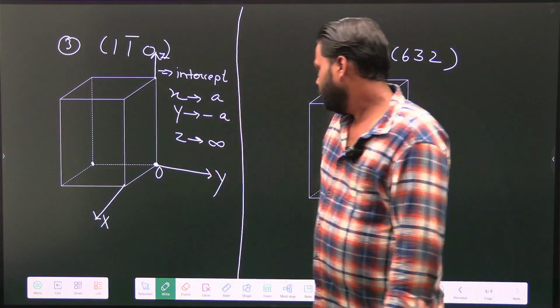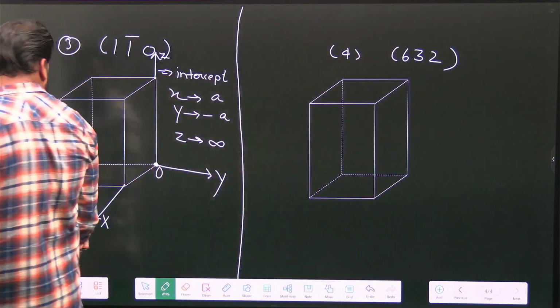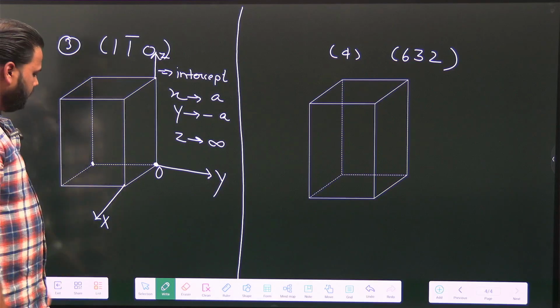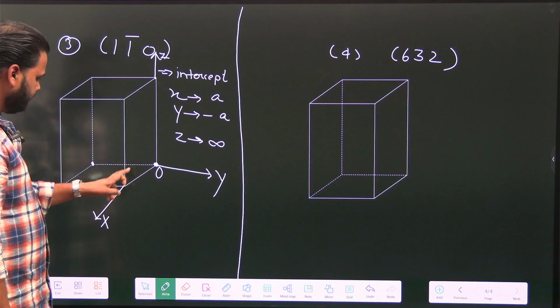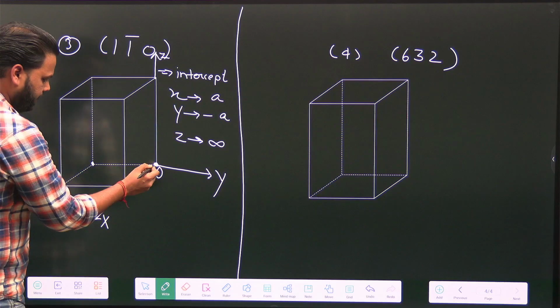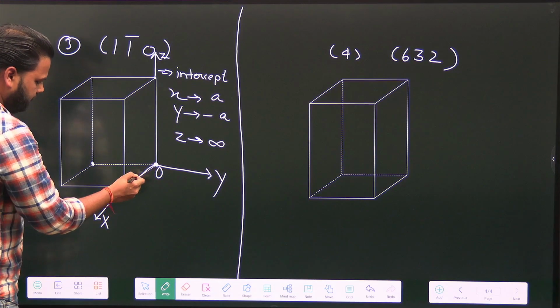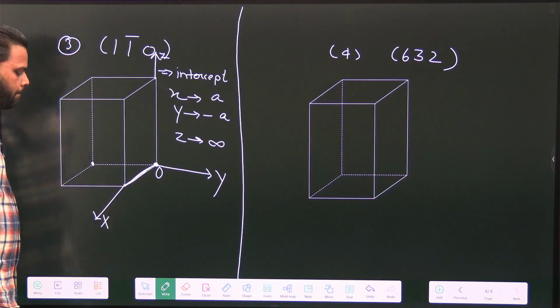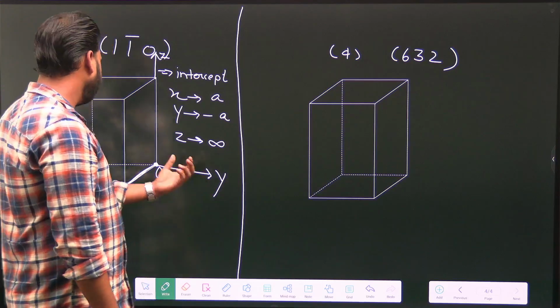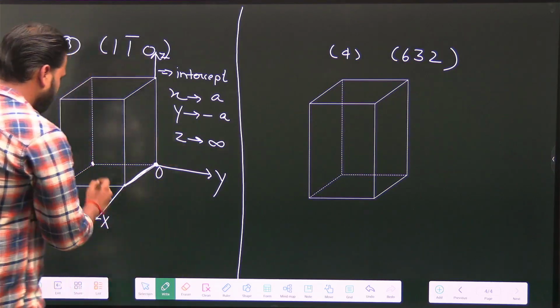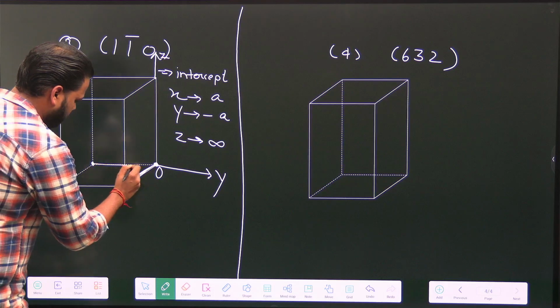Now it's quite easy from here. At what distance is it cutting the x-axis? At the distance a. At what distance is it cutting the y-axis? Minus a, this distance, ये distance होगा ना इसका.